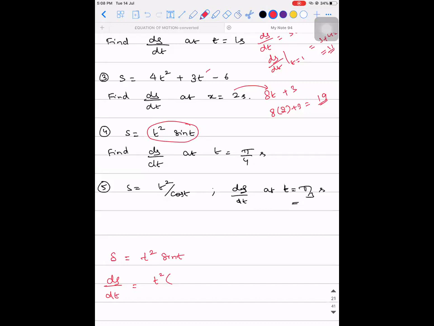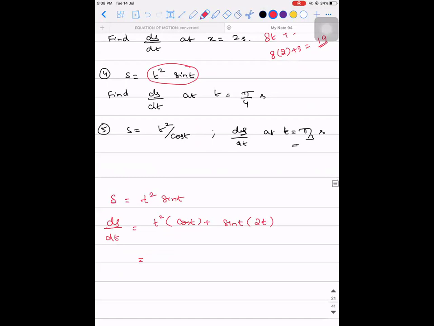So t square into derivative of sin t is cos t, plus sin t into derivative of t square, which is 2t. So this will be t square cos t plus 2t sin t.